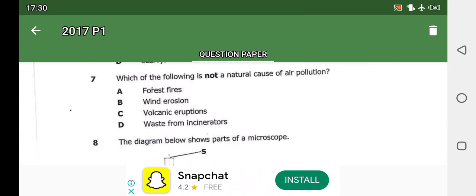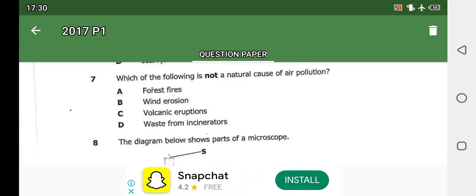Which of the following is not a natural cause of air pollution? A, forest fire. B, wind erosion.